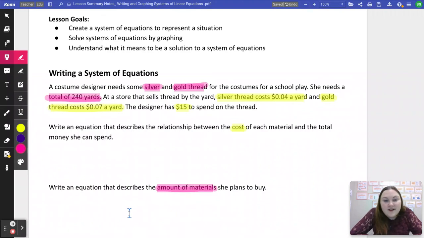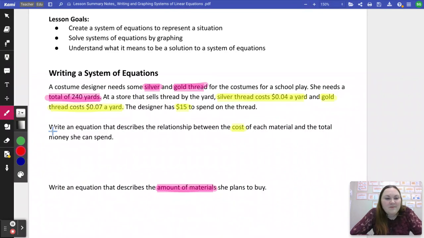So to start us off and to help us with our conversation in this video, I'm going to have you pause the video in a moment and you're going to answer these two questions here. Both of them are about writing equations based on the information that was given to us. Writing an equation is a skill that we spent a lot of time working on in the last unit. So hopefully that looks familiar enough. I encourage you to pause the video now and try to come up with those two equations.